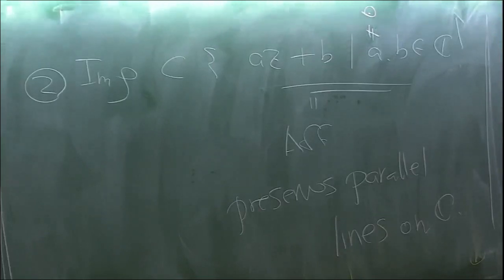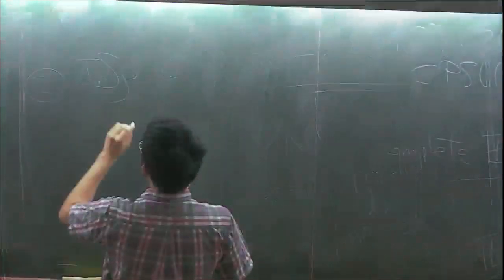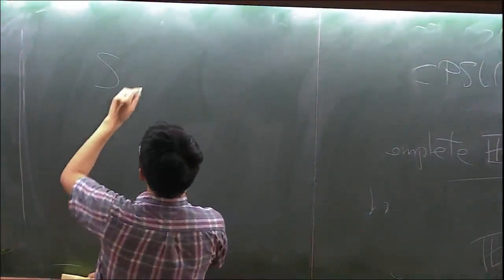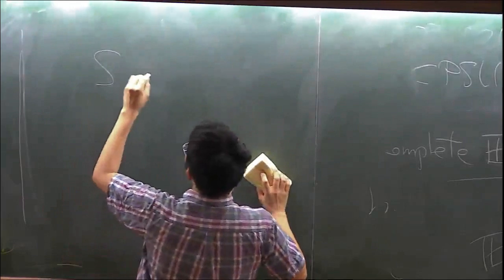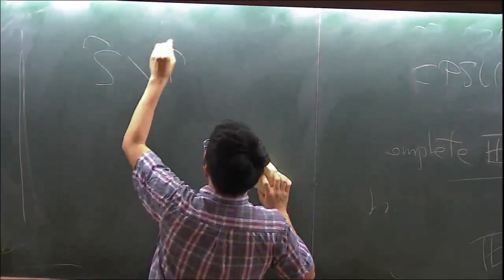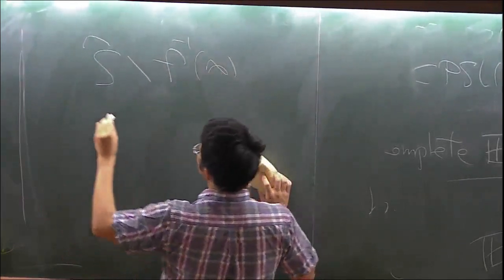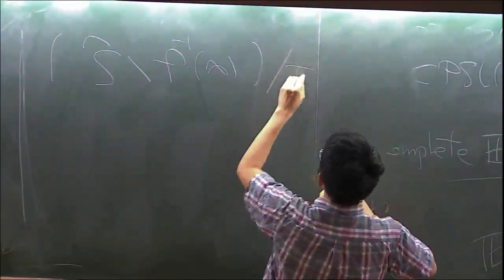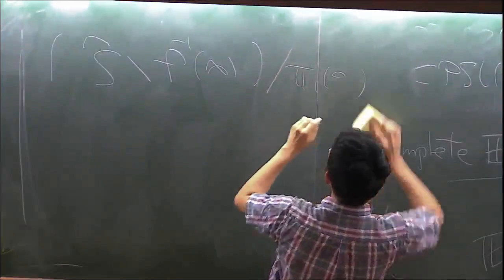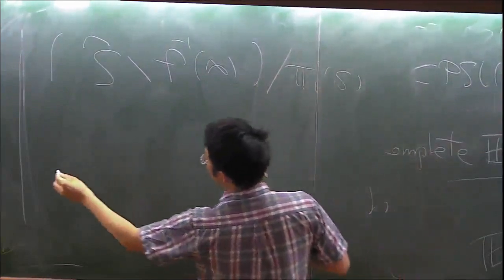Again the same thing: the universal cover minus the inverse image of this point at infinity, divided by the deck transformations.